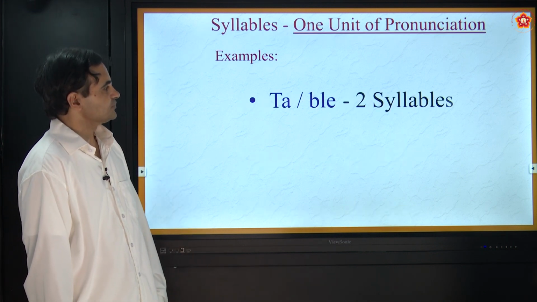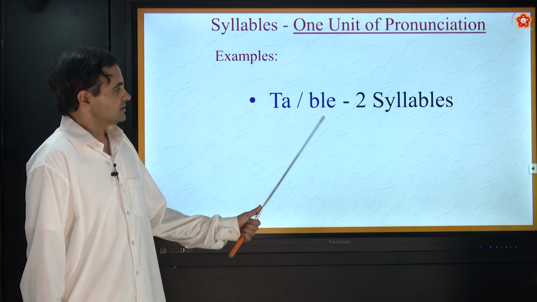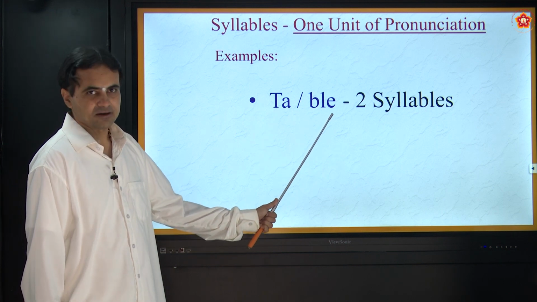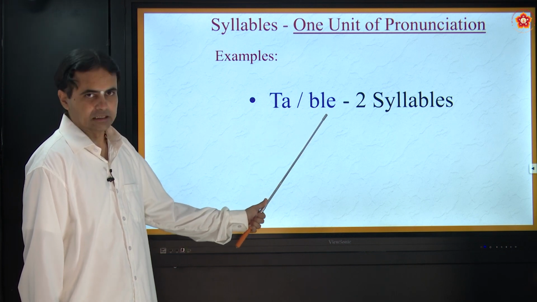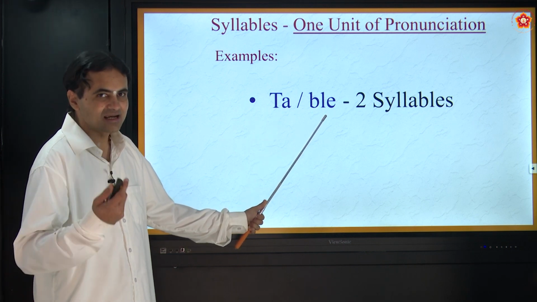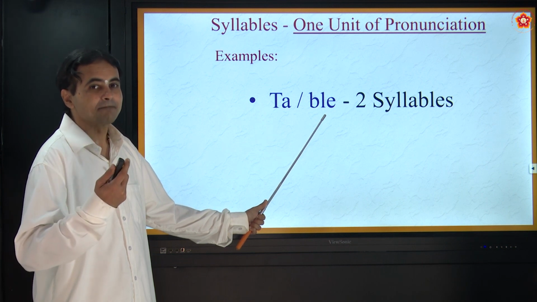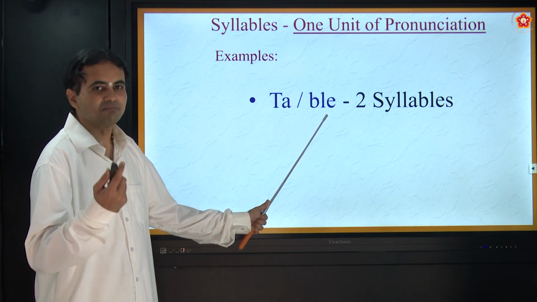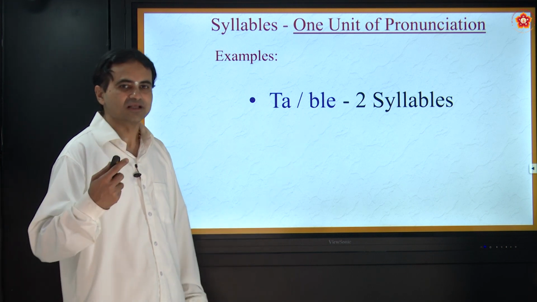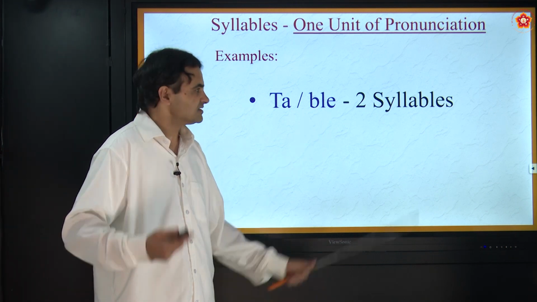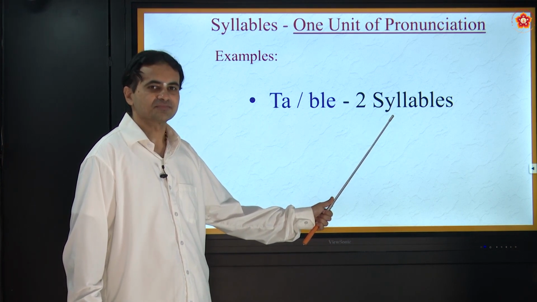Next, we have 2 syllable words now. See, T-A-B-L-E. So, we have table. So, once I say tay, again I am pronouncing bill. I am once again opening my mouth freshly. Therefore, it is 2 times opening the mouth pronouncing it. Therefore, it is a 2-syllable word.